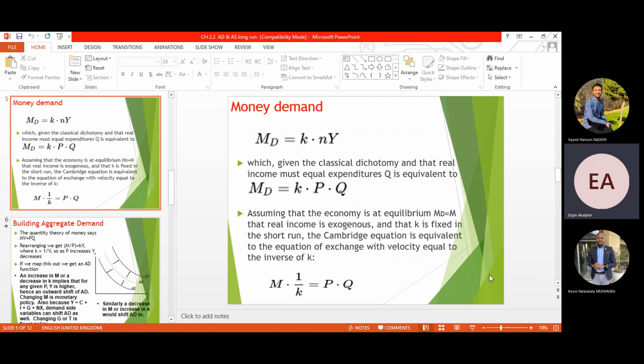Assuming that the economy is at equilibrium, MD is equal to MS, that the real economy is exogenous, and that K is fixed in the short run. The Cambridge equation is equivalent to the equation of exchange with velocity equal to the inverse of K. M multiplied by 1 over K is equal to P multiplied by Q.